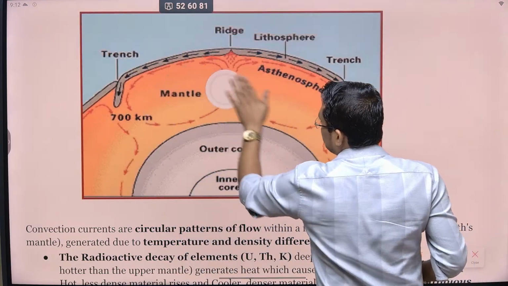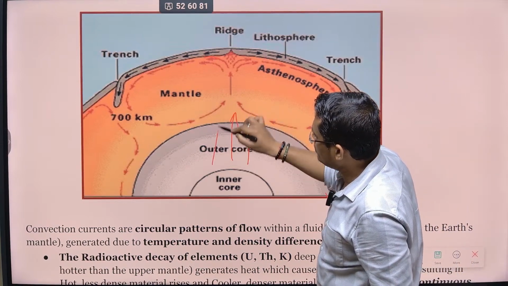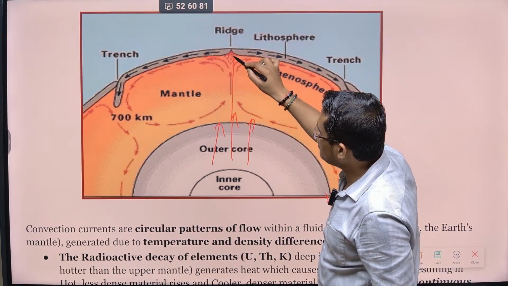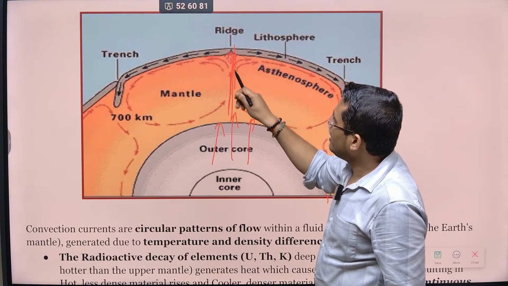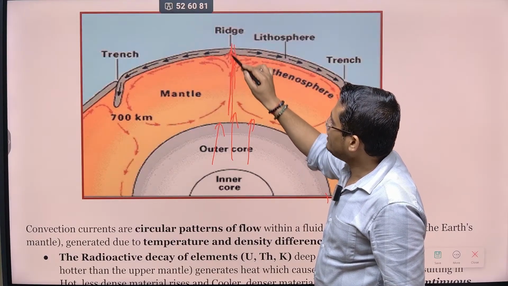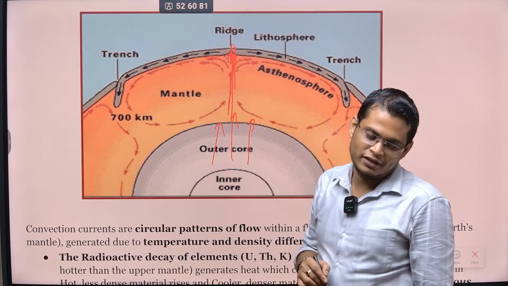Whenever heat is supplied from the core to the mantle, it finds some place where it can rise. When it rises, it breaks the crust and a volcanic eruption happens.